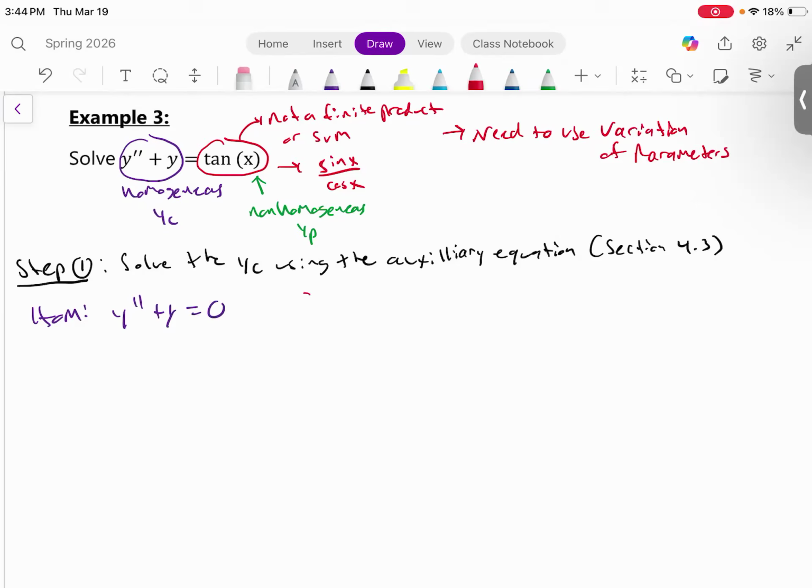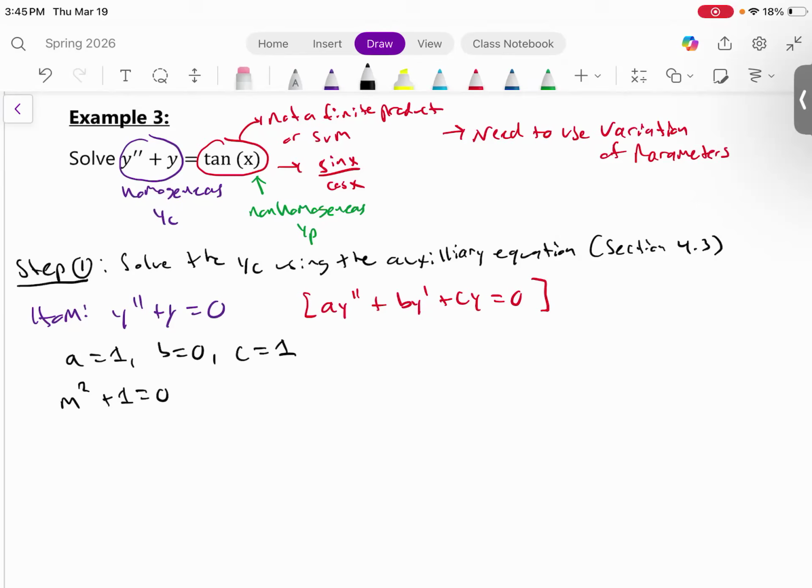The standard form for a constant coefficient homogeneous differential equation is ay double prime plus by prime plus cy equals 0. So when we form our characteristic equation, we have a equals 1, b equals 0, there's no y prime, and c would also equal 1. And so my equation would be m squared plus 1 equals 0.